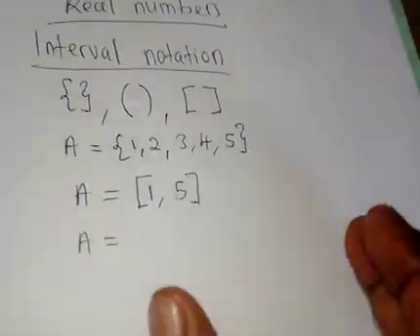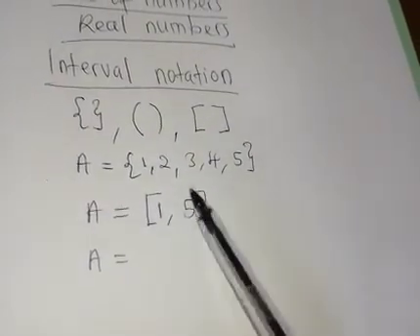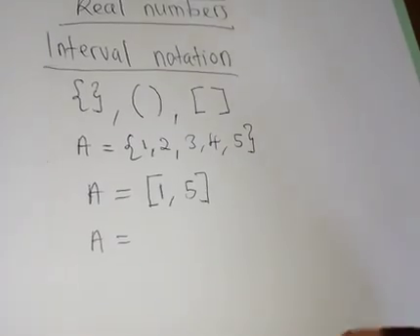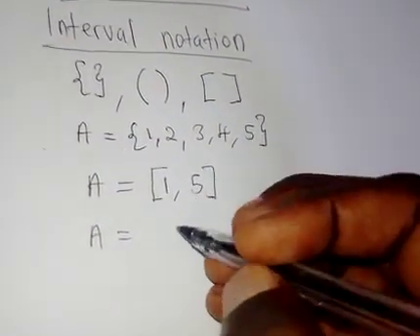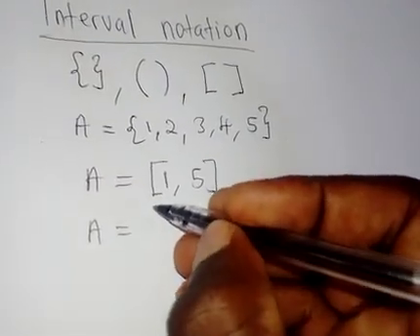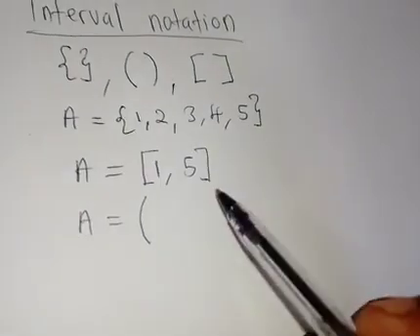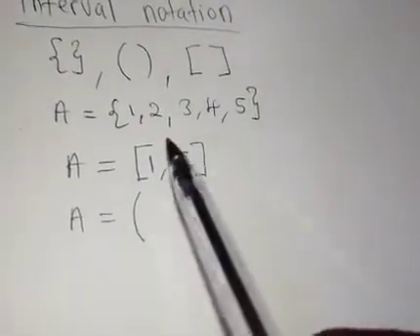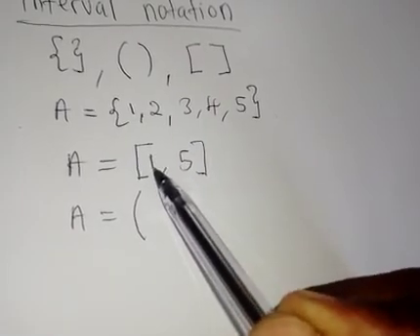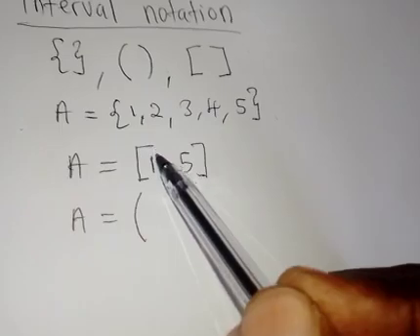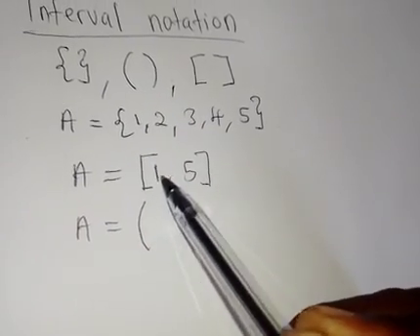So here we are using the type of real numbers we are using here. We are saying natural numbers. Okay, so we are using the first 5 natural numbers there. So let's represent it using round brackets. When you use a square bracket, it means that this first element you have written is part of the set.